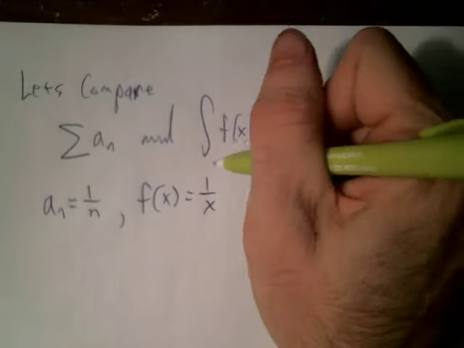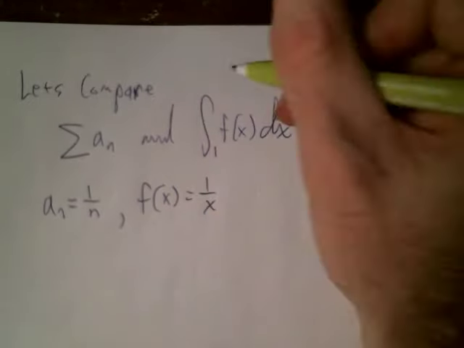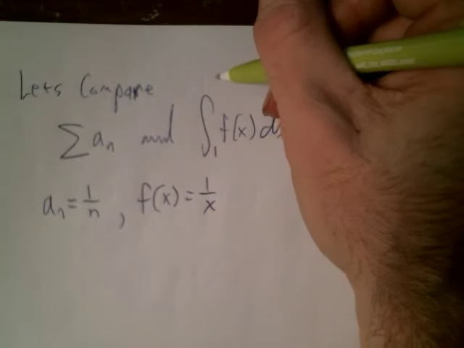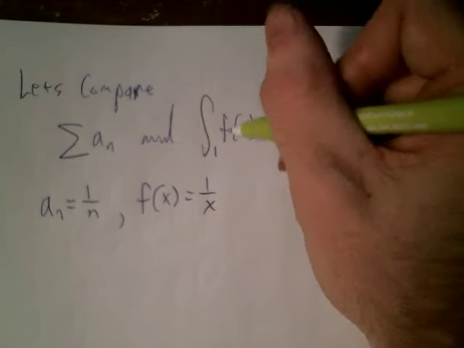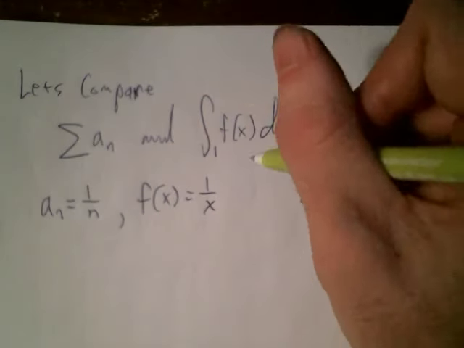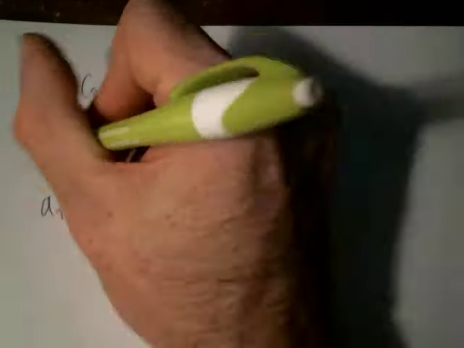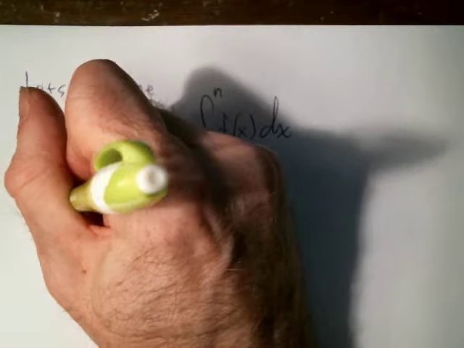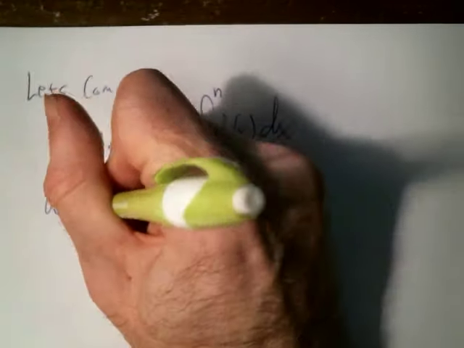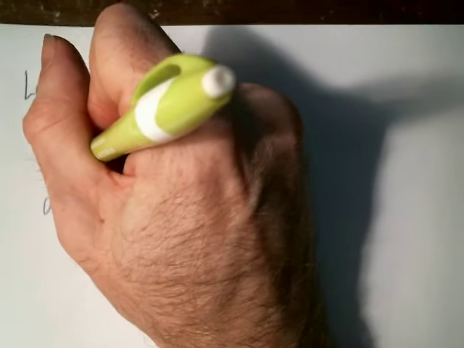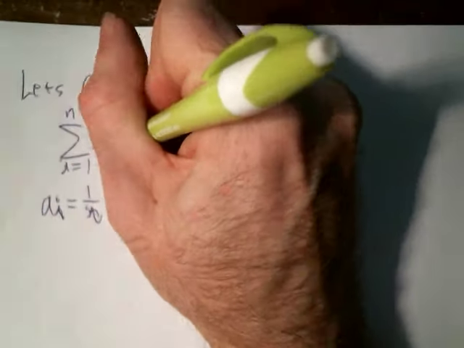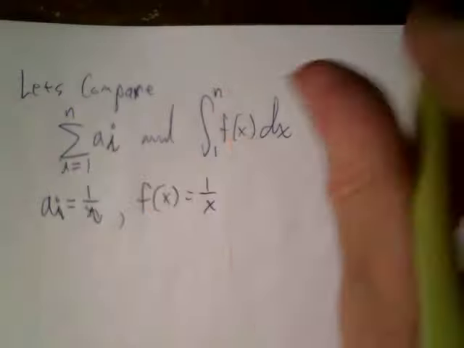Okay? So we'll just sum up from 1 to n, which is a bad choice of variables, of course. Now I have to change this variable so I can have my index go to n. So i equals 1 to n, so I have to change this now to i.